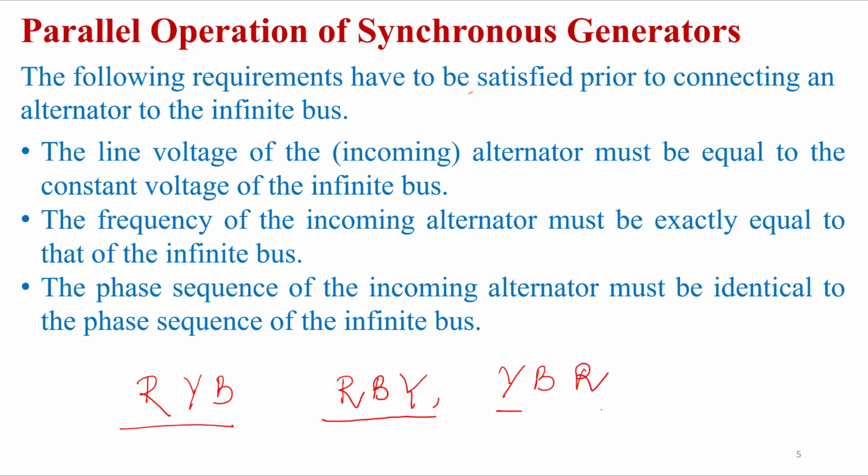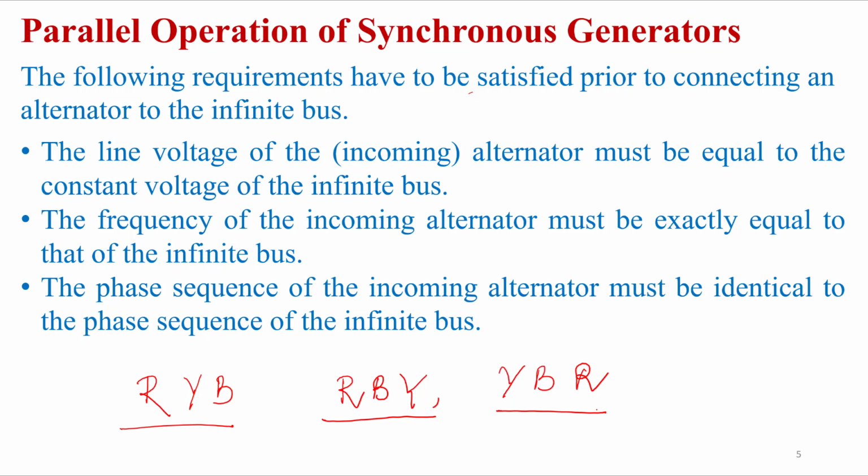Many ways I can change the sequence of the phases, right? So the phase sequence of the generator should be equal to the phase sequence of the alternator. If it is not, then we cannot connect, because the phase difference between the two phases should be equal, right?